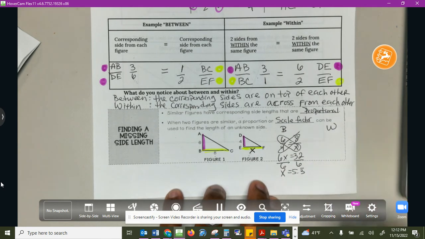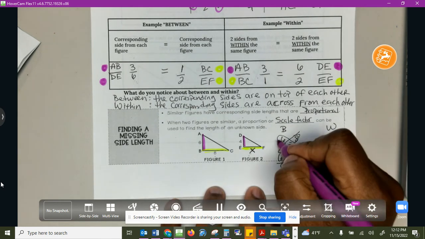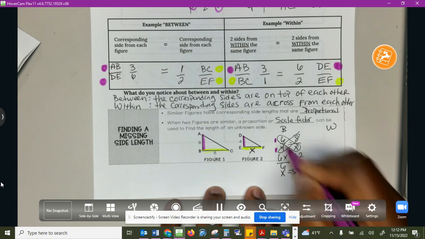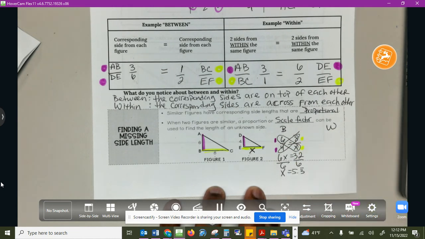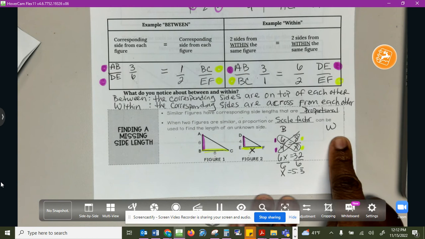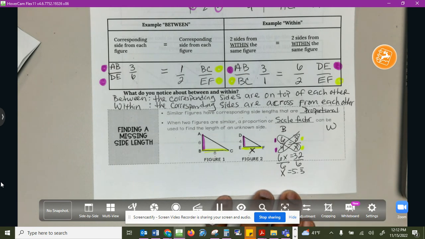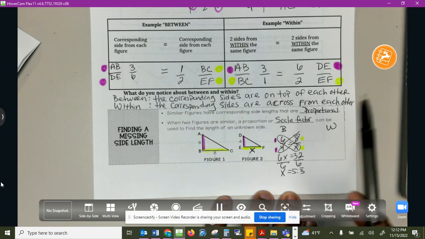If I did within, I want to make sure we see exactly what I did here. I used those colors and then those colors. If I did within here, that means I can say purple to yellow.